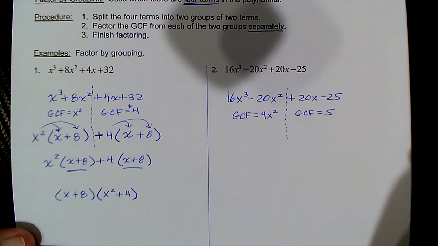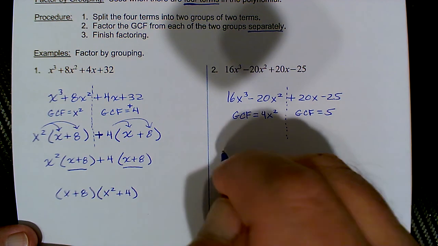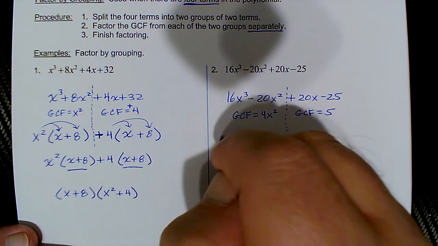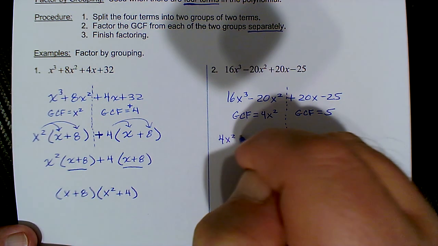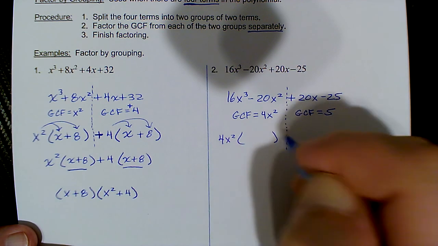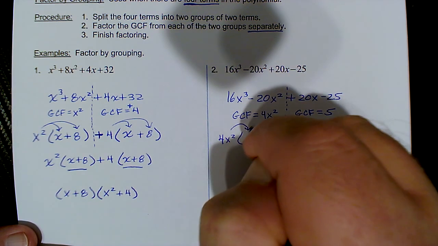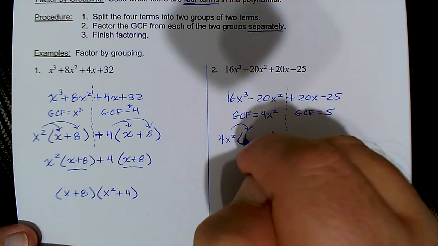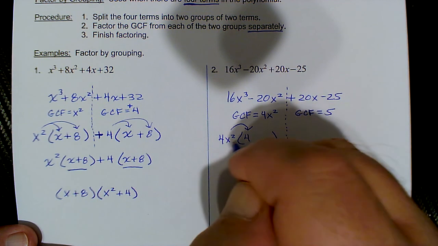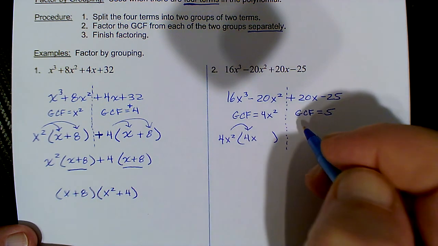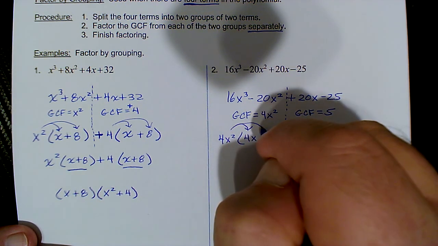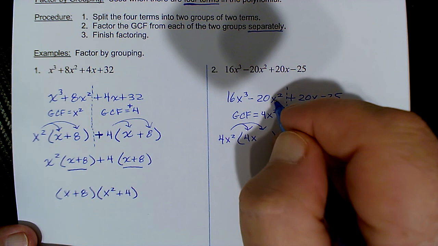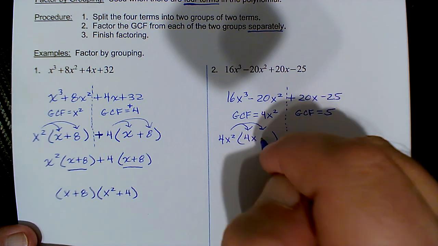Alright, so do the factorizations. 4x squared, and in parentheses we're going to have 2 terms. Get 16x cubed. 4 times 4 is 16. X squared times x is x cubed. And then the 4x squared distributed to give negative 20x squared. We need a negative and a 5.